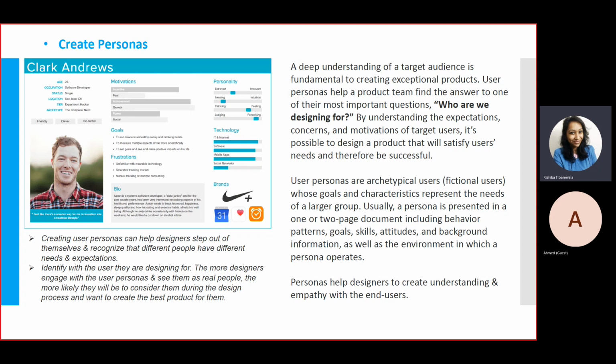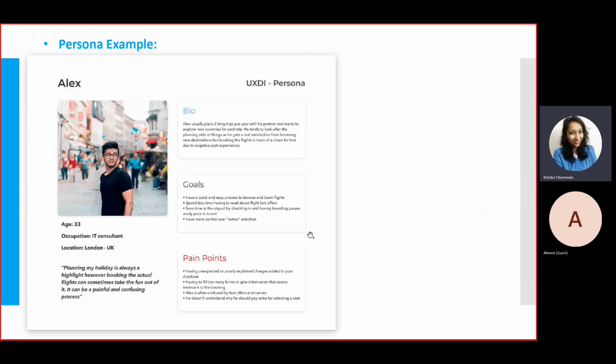Usually a persona is presented in a 1 or 2 page document, including behavior patterns, goals, skills, attitudes, and background information, as well as the environment in which a persona operates. Personas help designers to create understanding and empathy with the end users. That's the whole purpose of the persona.